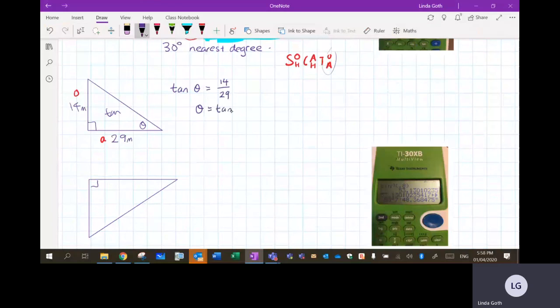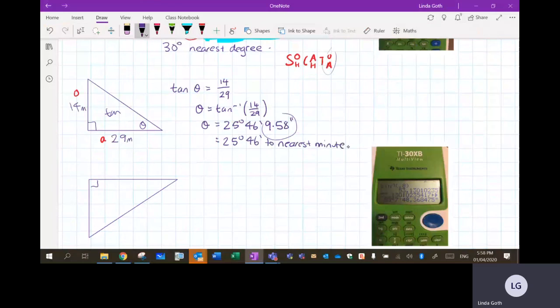Theta equals tan to the minus 1, 14 over 29. End up with theta equals 25 degrees, 46 minutes, 9.58 seconds, which is, well, this number here is less than 30, so it's going to be 25 degrees, 46 minutes to the nearest minute.